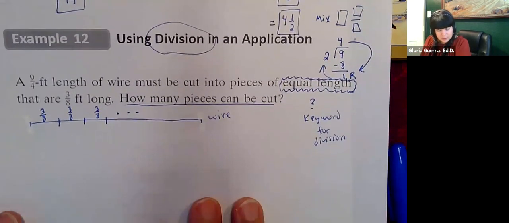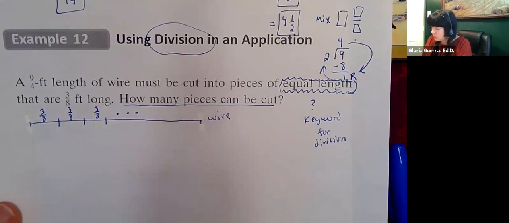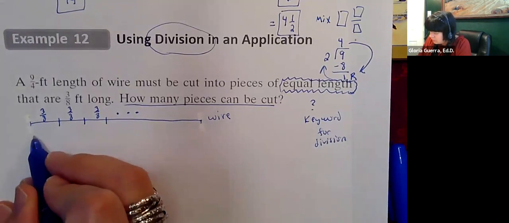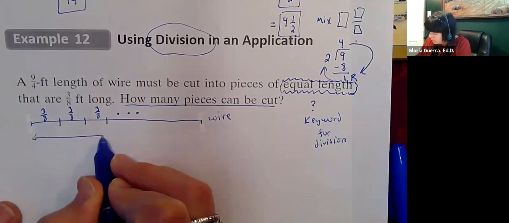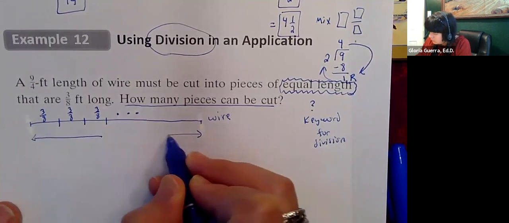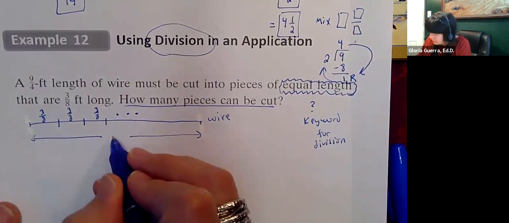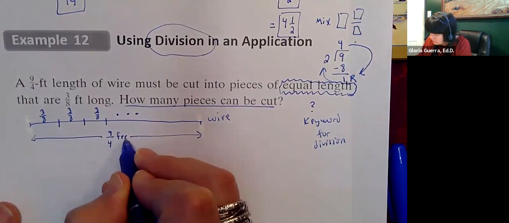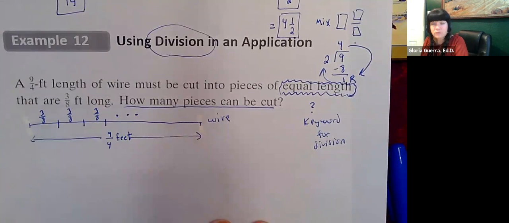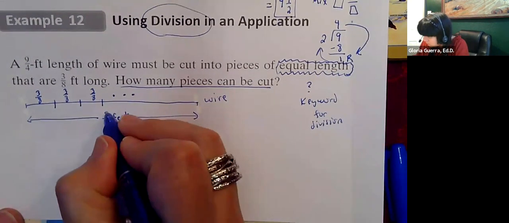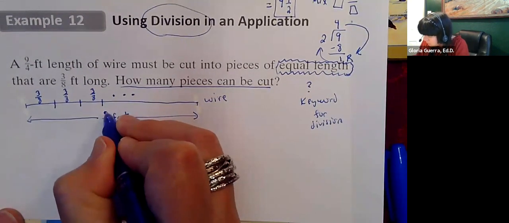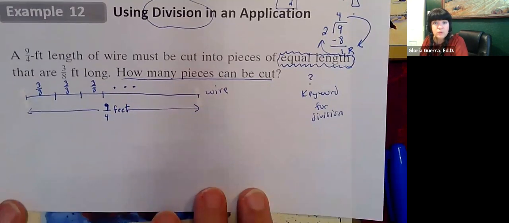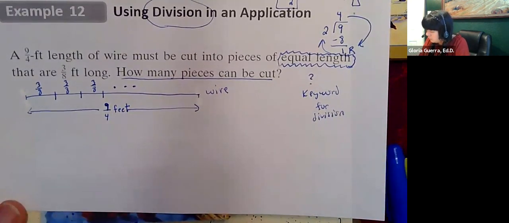And they told you the whole length, from here to here, was 9/4 feet. That's the whole length, right? So from here to here.